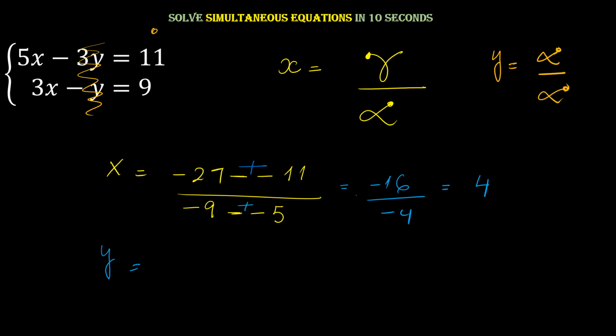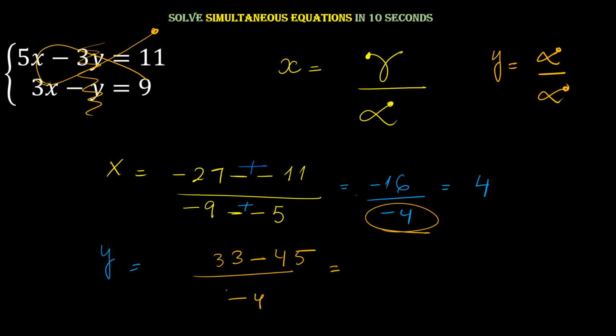Starting from here, 11 times 3 is 33 minus 5 times 9, that is 45, divided by the same number which we wrote before, that is negative 4. Negative 45 plus 33 gives me negative 12, divided by negative 4. So my answer is 3.